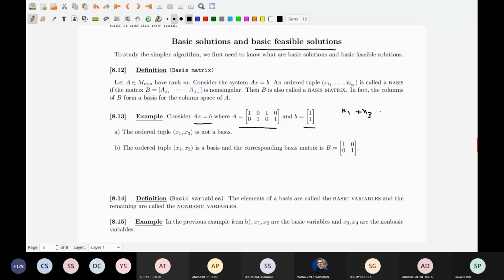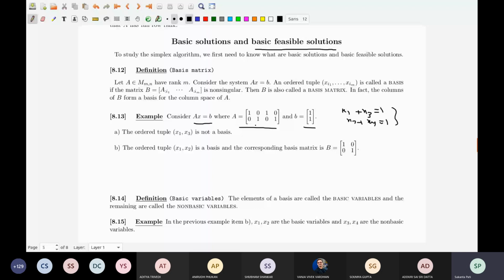Now I will say what a basis matrix is. Given this matrix A, which has rank 2, full row rank, I will always assume that part, and for our discussion we will be assuming that for quite a bit of time. Now select any two columns such that they are linearly independent, since the rank is 2.